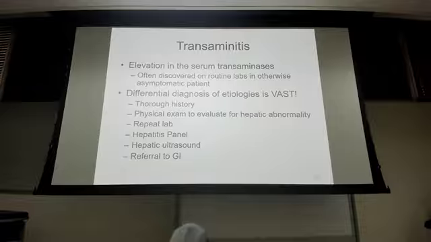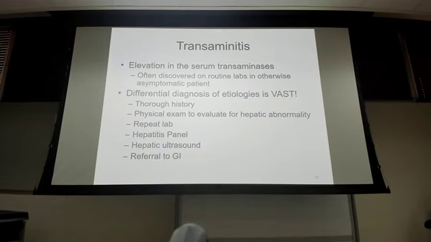But if you think that this is significant transaminitis, now do a hepatitis panel. We'd also do a hepatic ultrasound to see if we see any enlargement or swelling or anything going on with the liver.